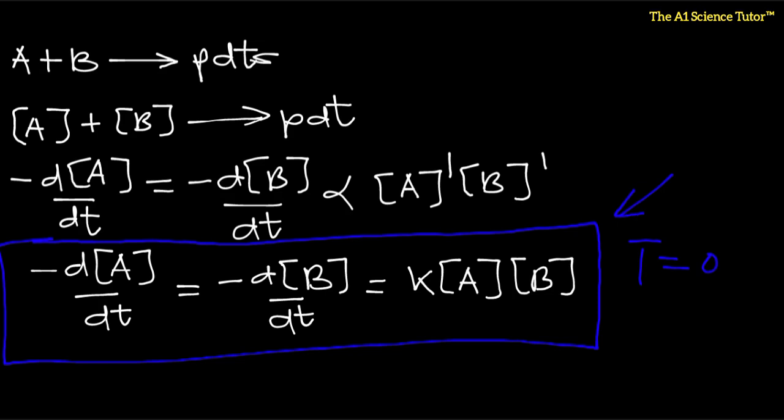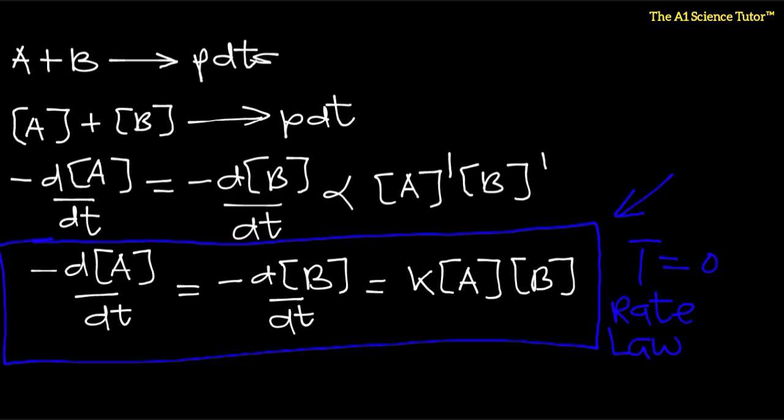I might just write it here. This is the rate law for this chemical reaction at a time where there is no reaction taking place. And we know that because the time is equal to 0. So there is no reaction taking place here.